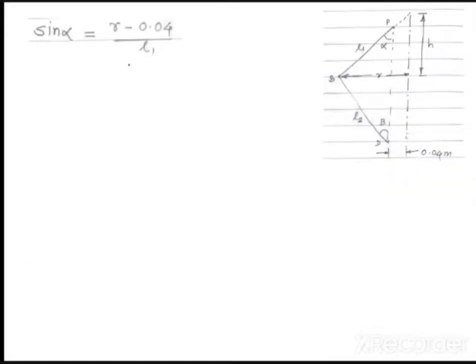Now we know sine alpha. You can find it from this. What is sine alpha? You know what sine theta is: opposite upon hypotenuse. Now in this case, sin alpha means what? See, I will draw a figure over here.